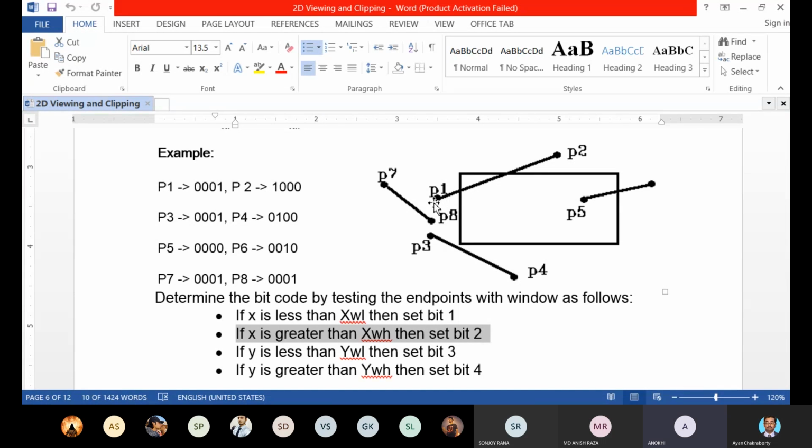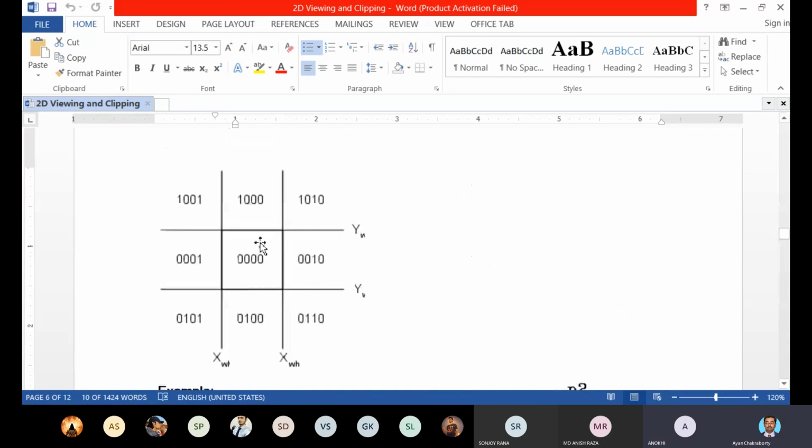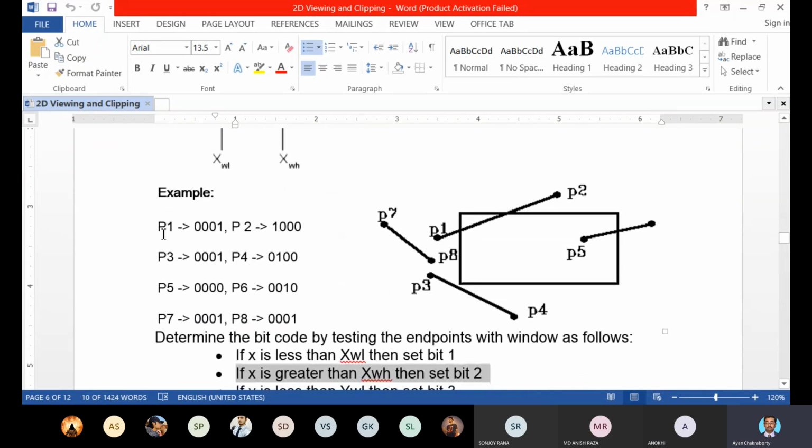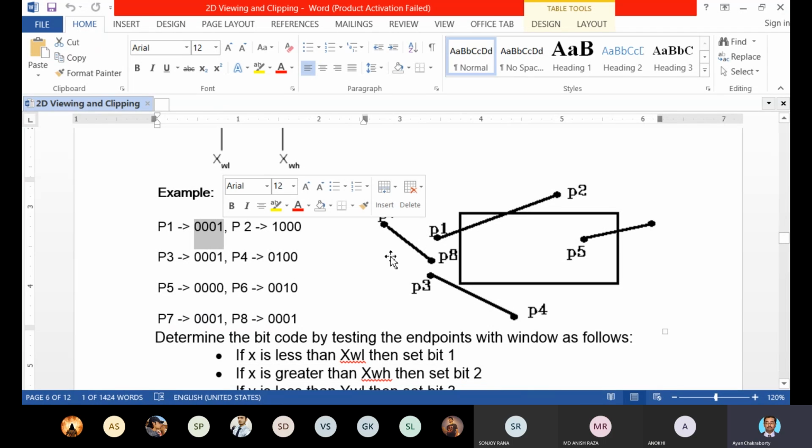Left side of the central region, that is west. So it is in west region. You can see P1 has been denoted by 0001, that is the region code for west region.